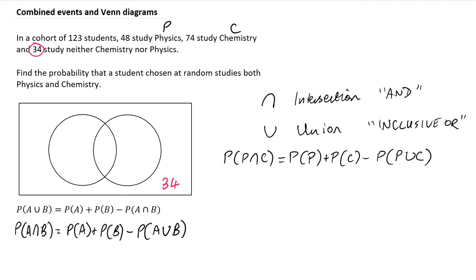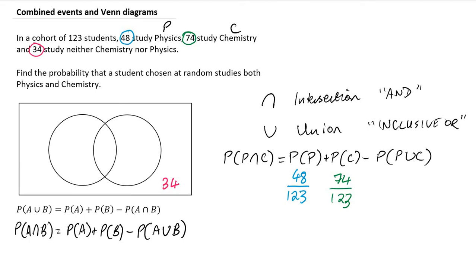So in terms of who studies physics, that's 48 out of 123 people. Those who study chemistry, that's 74 out of 123.